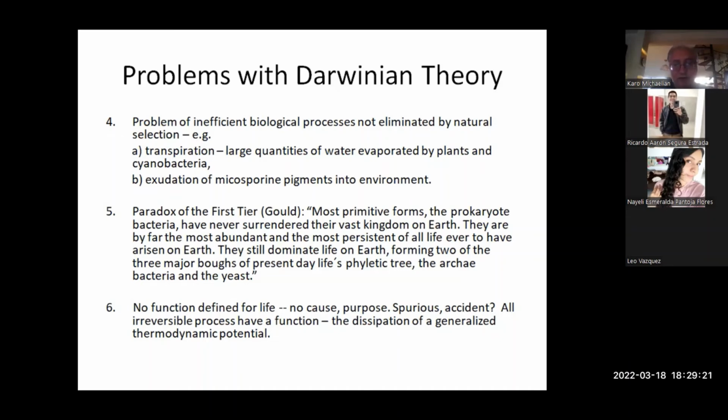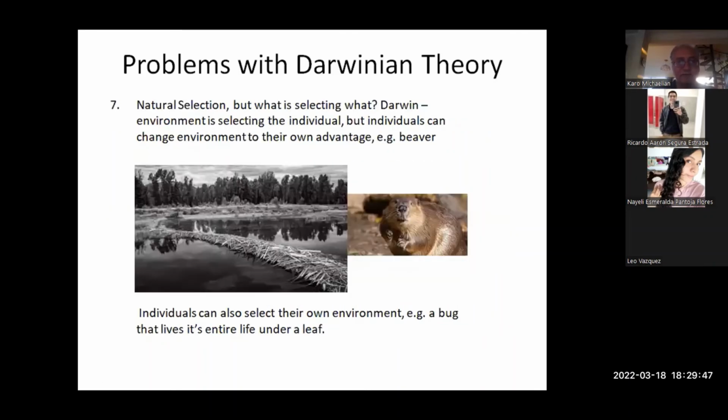So here we have an answer that indeed there is a function for life, although the biologist will negate that and say that there is no function. It just so happened that life appeared, probably was an accident, and there's nothing that life is fighting for or against in nature. It's just trying to survive itself.